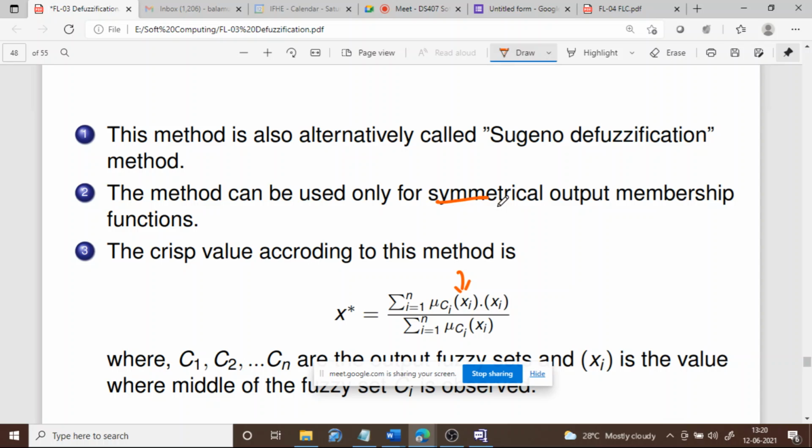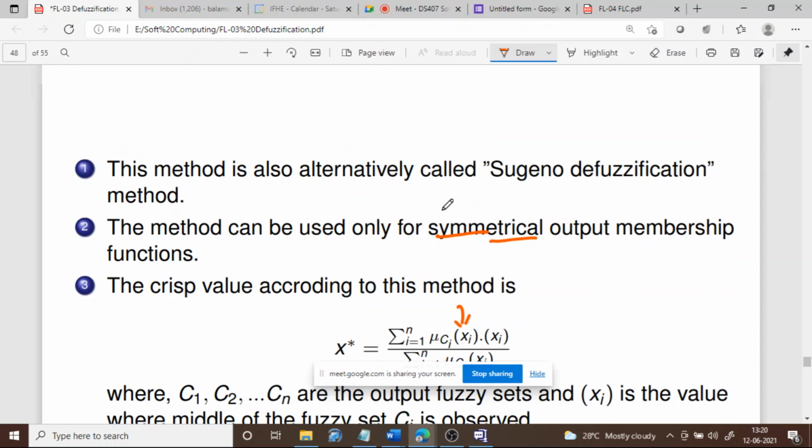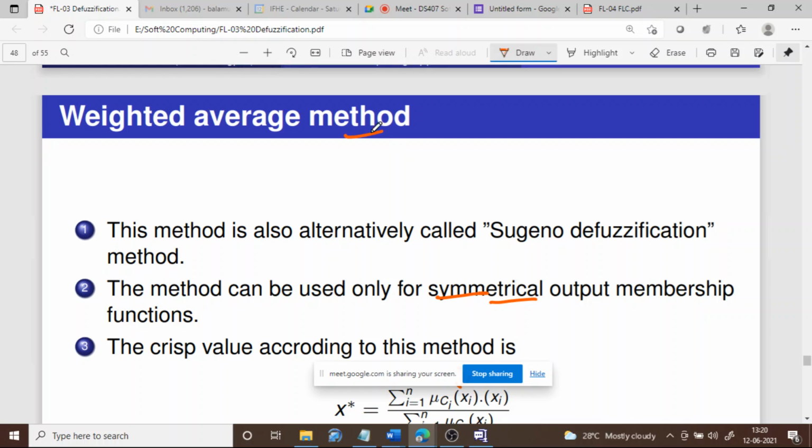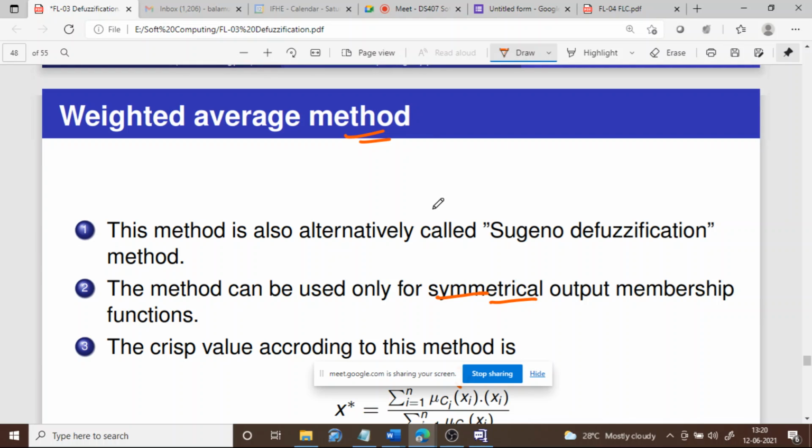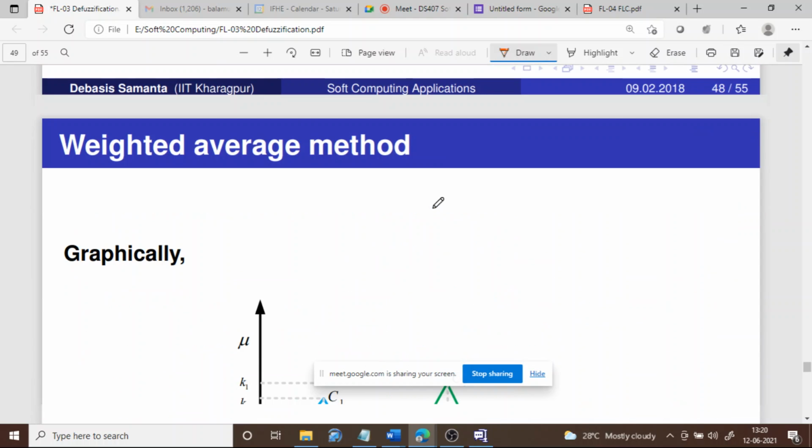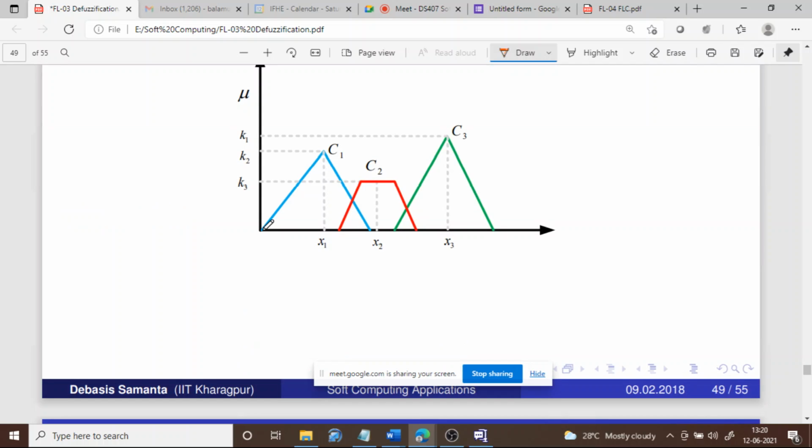But this is an important point: this technique is applicable only for symmetric membership functions. What is meant by a symmetric membership function? This membership function is called symmetric because on both sides it behaves in the same way. Previously we have discussed symmetric membership functions. To the left of x1 it behaves in the same way as to the right of x1.